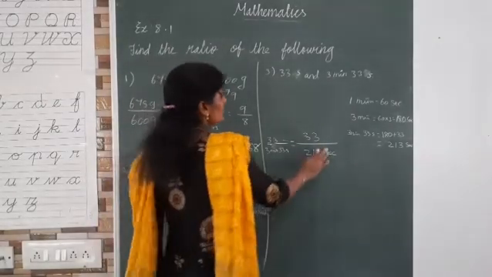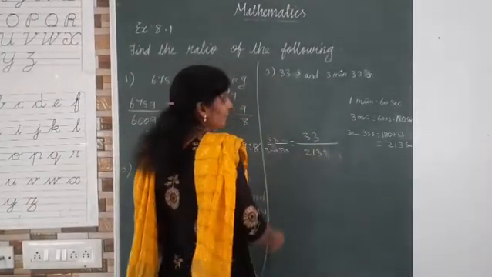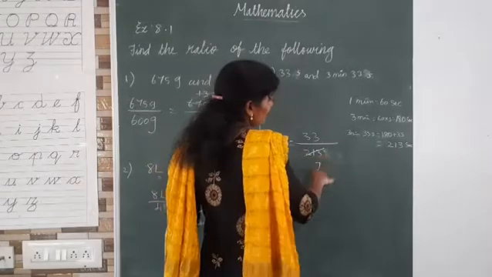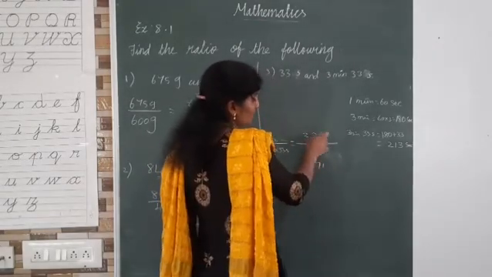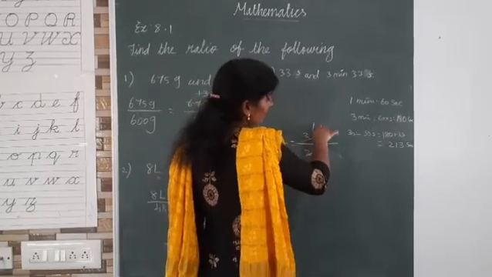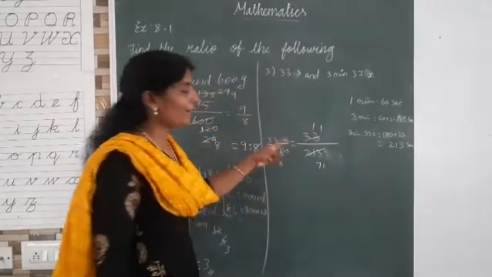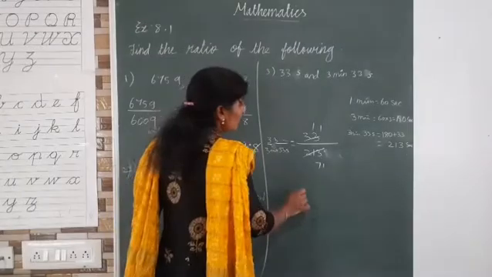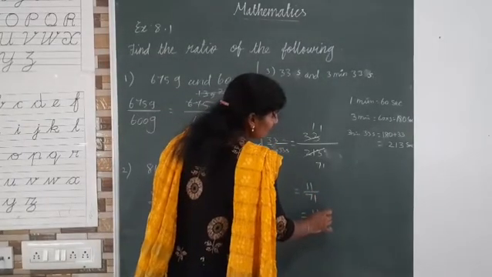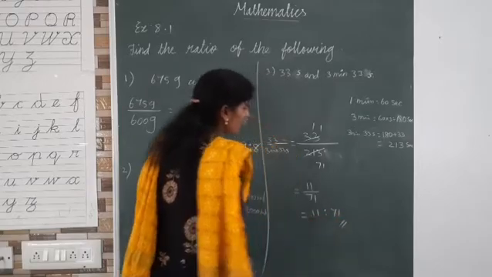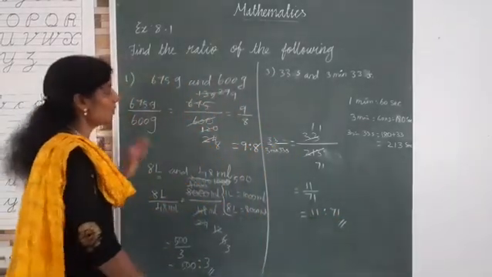Now we can write it in the simplest form. We can use the 3 table. 7 3s are 21, 1 3 is 3. So 11 by 71. Now we can write it in ratio form: 11 is to 71.